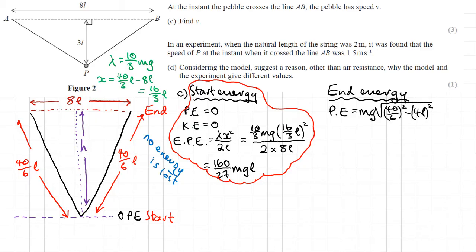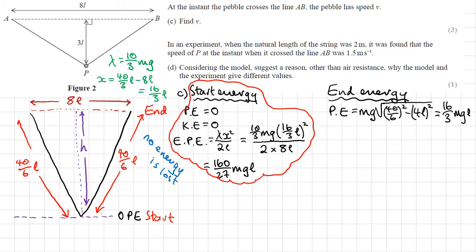Now that value of h we can work out using Pythagoras, so that will be 40 over 6 squared minus 4L, this length here, squared, which is what I've got here, and square rooted. We can simplify that. Once we do the calculation, we will get 16 over 3 mgl.